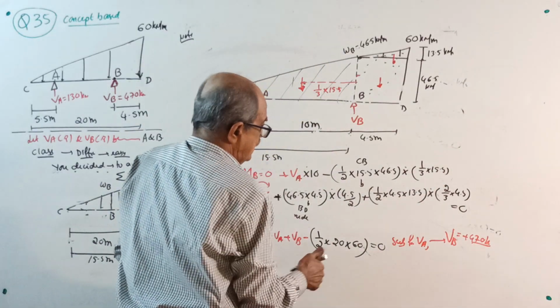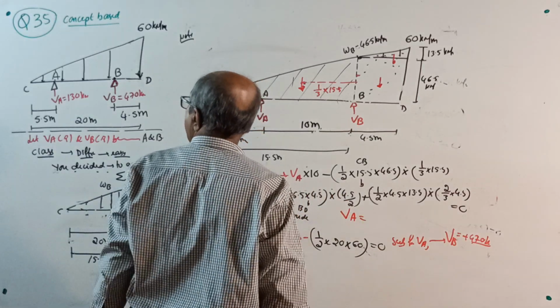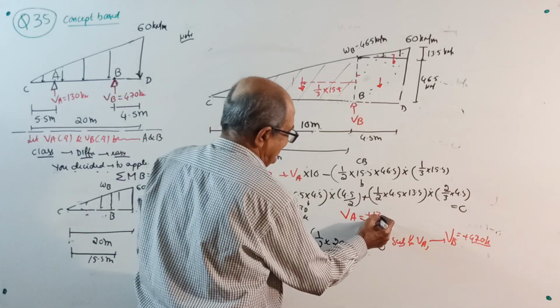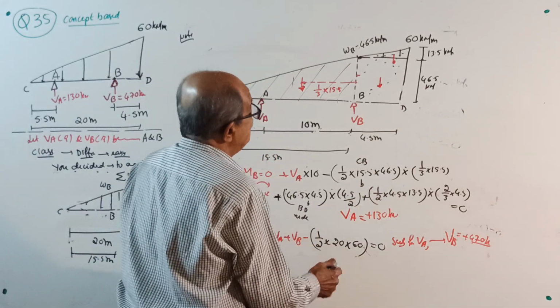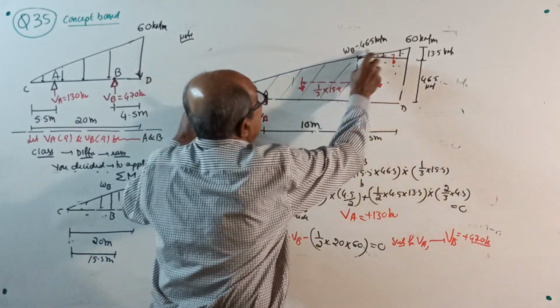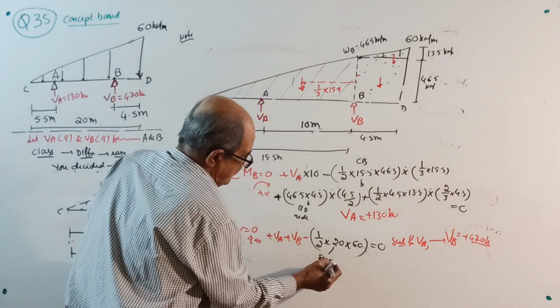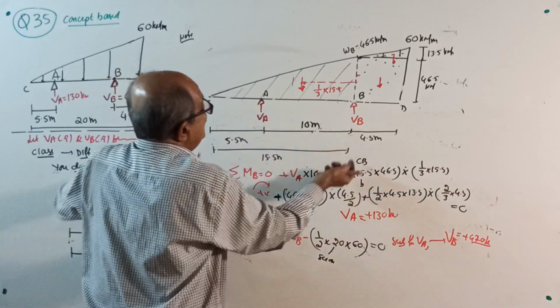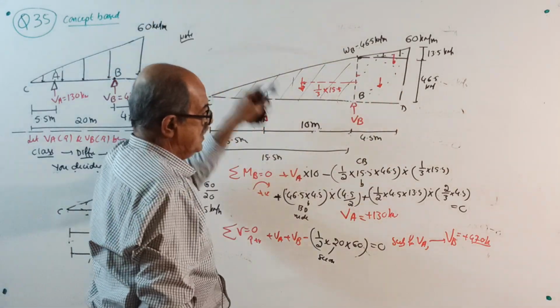You will get VA equal to 130 kilonewton. Sigma V equals 0. Now this time, don't split. Take the full triangle. See the original diagram. VA plus VB minus half into 20 into 60 equals 0. You get the value of VB.